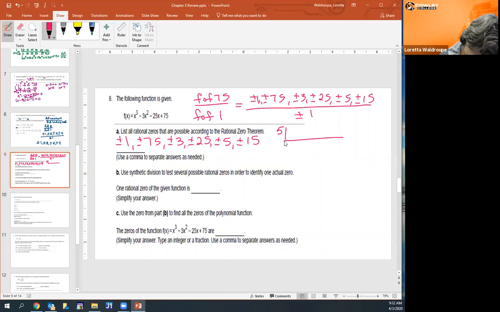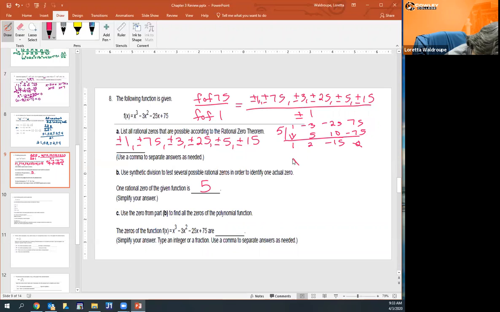And my numbers over here is 1, negative 3, negative 25, and 75. Going down the first one, that's 5, add, multiply, add, multiply, add. And I got lucky that the first value I found was a 0. So one rational zero is 5.